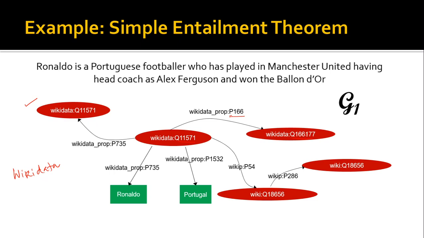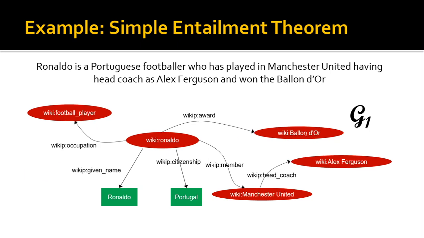So let us have a more readable version of this graph. The more readable version is Ronaldo has occupation football player. Ronaldo has a given name Ronaldo, but it is not exactly the same as the Wikidata structure, because in Wikidata it is also a resource, and then from the resource you can get the literal name, and so on and so forth. But I have tried to make this graph a bit concise, keeping it as close to Wikidata as possible.